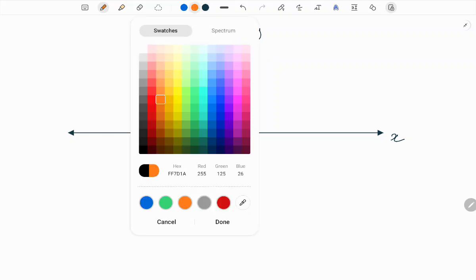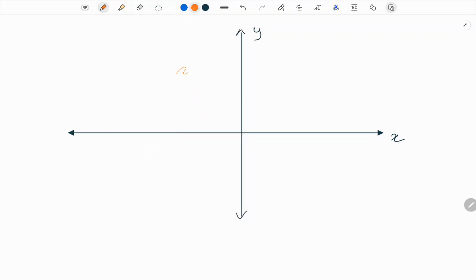Let us assume that this is our graph of an equation, and let this equation be ax square plus bx plus c equal to f of x. This f of x is just a general representation of a function and we are assuming this function.